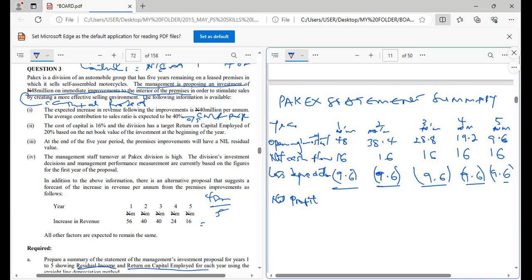Let's calculate. Should be 48 plus 16 minus 9.6? Oh, this 48 is fixed on its own. That's not it. Okay, the net cash flow of 16 minus 9.6 is 6.4. So we have 6.4 all through.